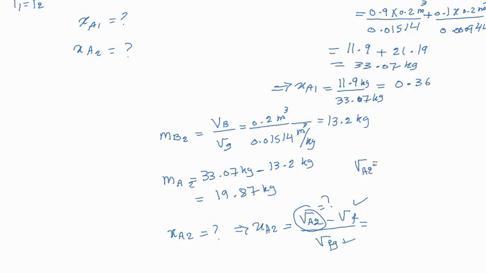Any specific volume is defined as the volume over the mass. So what is the volume of state 2 of tank A? And what is the mass of tank A at state 2? Now the volume will not change, 0.2 meter cube, and the mass of tank A at state 2 is this value.